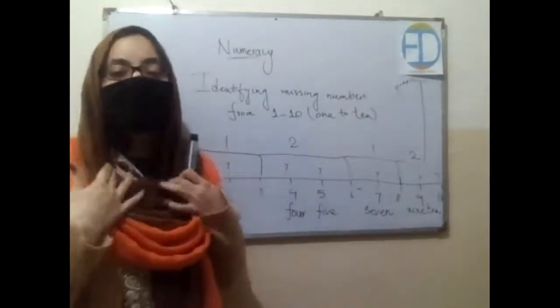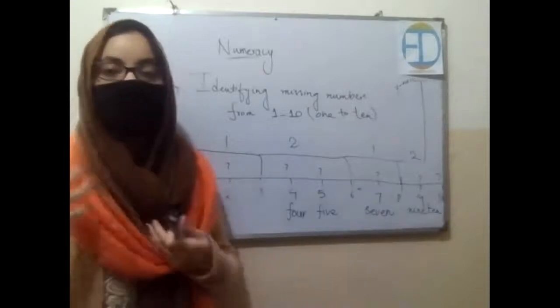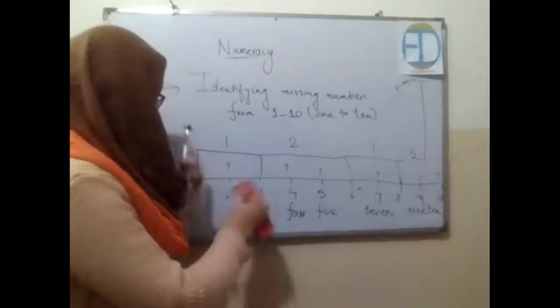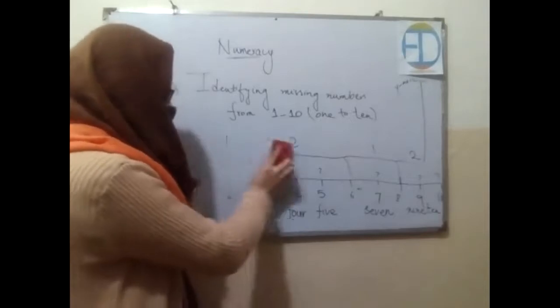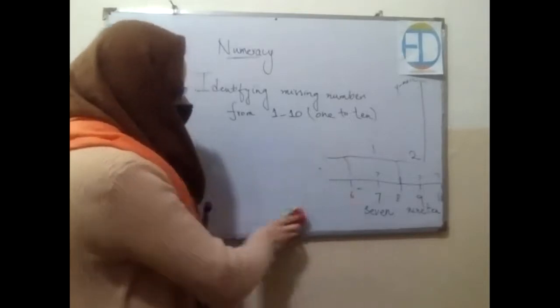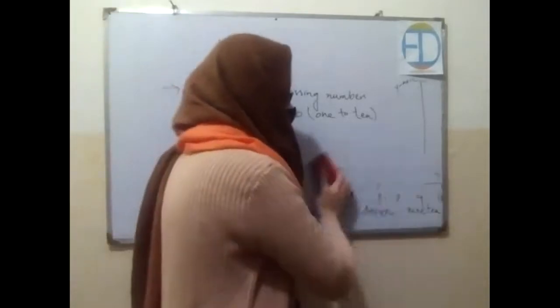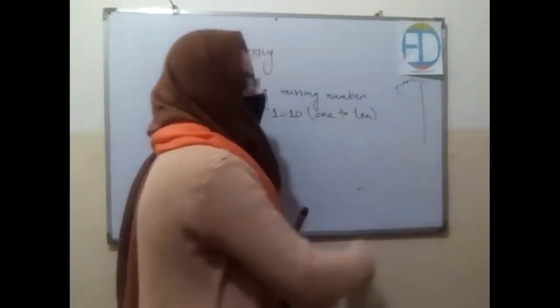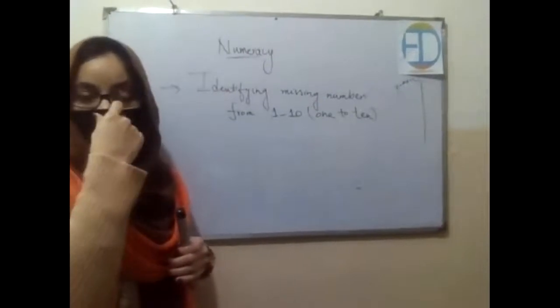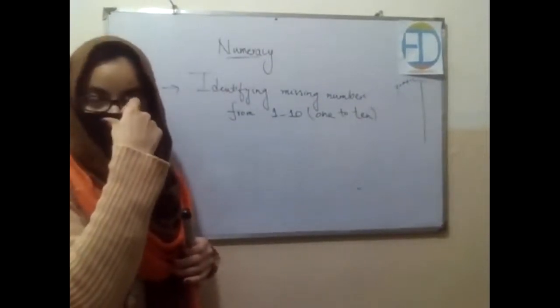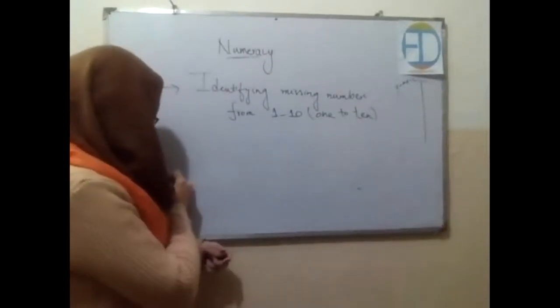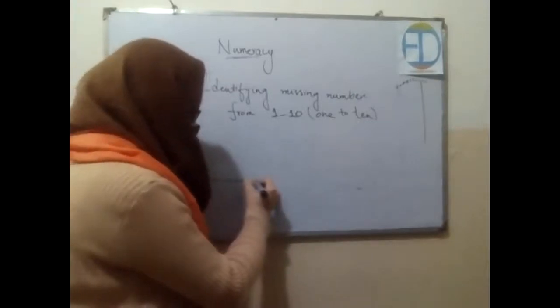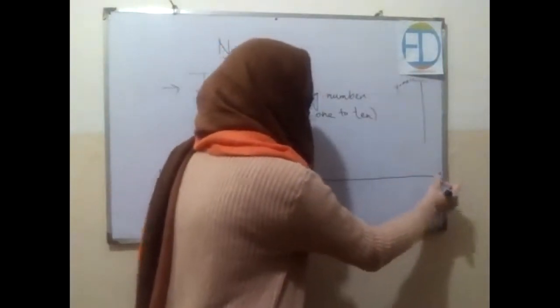Now let's practice skipping numbers, okay, or skipping counting. How will you do that? In the previous practice, I skipped some numbers from the number line and asked you to tell me. But this time you will be telling me all of the numbers.